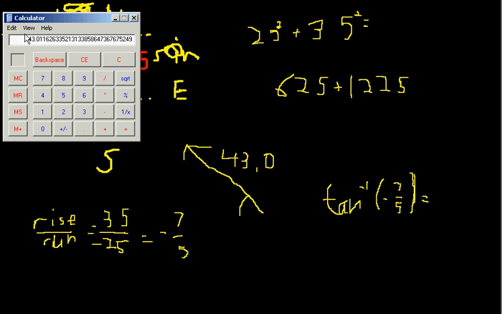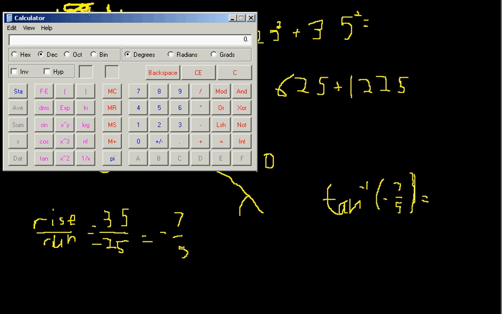I have to go to the scientific calculator in this case. What's the best way to do this? Negative 7 divided by, okay, 0 minus 5, because there's no way to do negatives on this. So we get 1.4. That's what we're taking the inverse tangent of. Remember, that's just the same as 7 over 5.